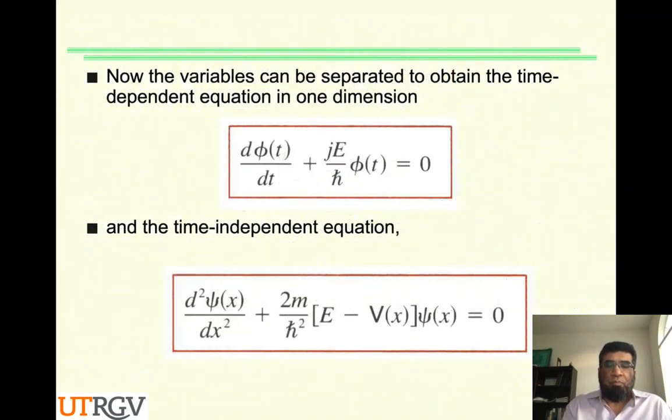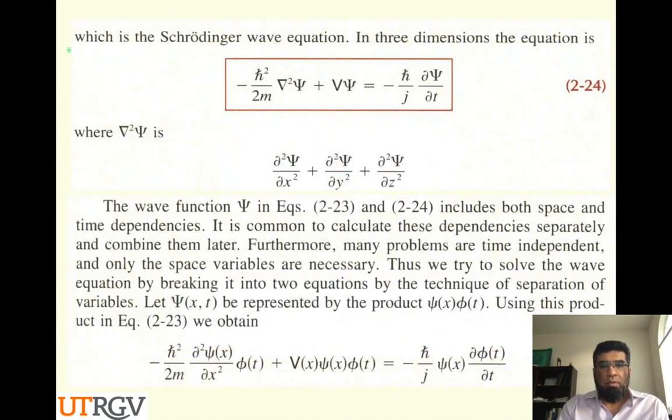And let me see what's going on. I've lost my mouse. Then this del operator is basically what is shown here. At the lower level, it is the double partial derivative of psi with respect to x, plus the double partial derivative of psi with respect to y, and the double partial derivative of the wave function with respect to z.